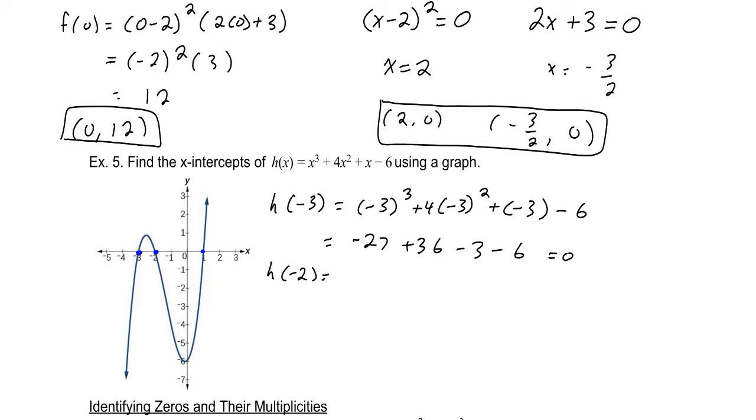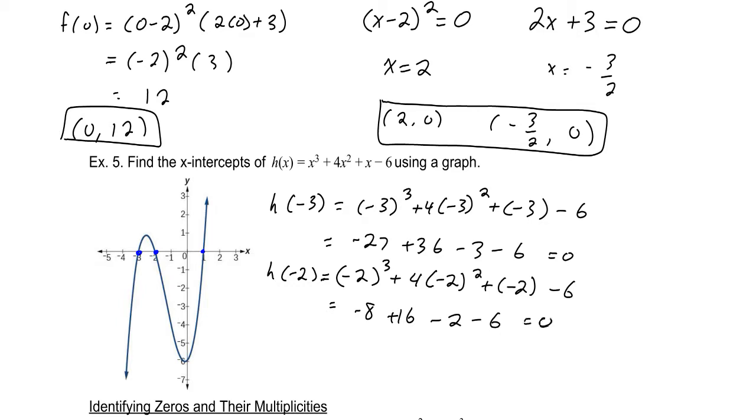Alright, h of negative 2. Negative 2 cubed plus 4 times negative 2 squared plus negative 2 minus 6: minus 8 plus 16 minus 2 minus 6. That is also going to be 0. So negative 2 is one of our solutions.